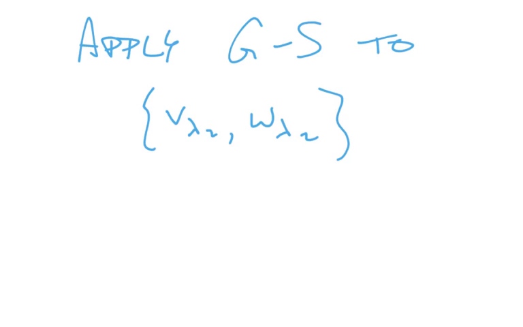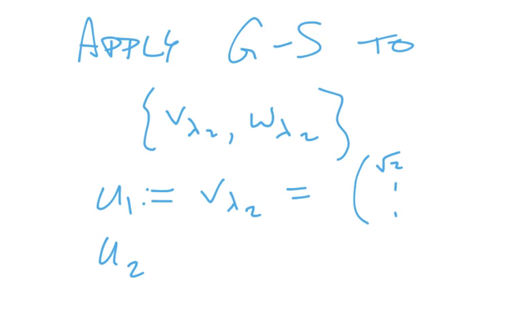Screw it, I'll just use Greek letters. Alpha, no, that's terrible. Let's just call them U1 and U2. How about that? We're all adults, we can handle this. So U1, we are going to take to just be v lambda 2 left alone. Remember, this is how Gram-Schmidt begins. This is the vector root 2, 1, 1.